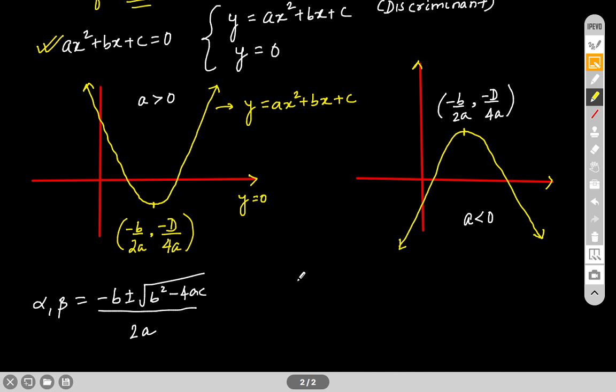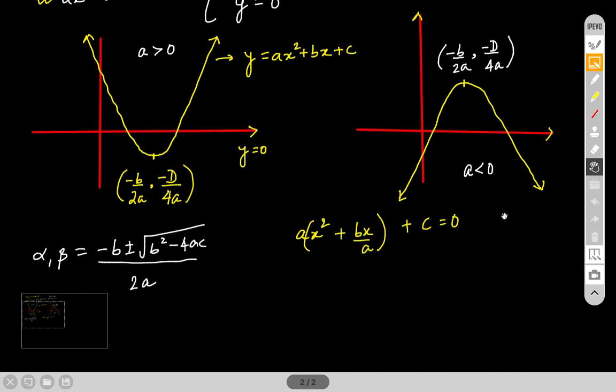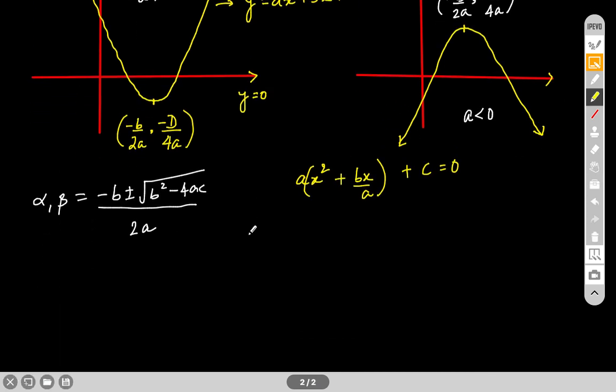Okay. This is actually called completing the square. So what you do is you take a common. So I was partially right. Now I can write this as a times x plus b by 2a the whole square, minus b square by 4a square.